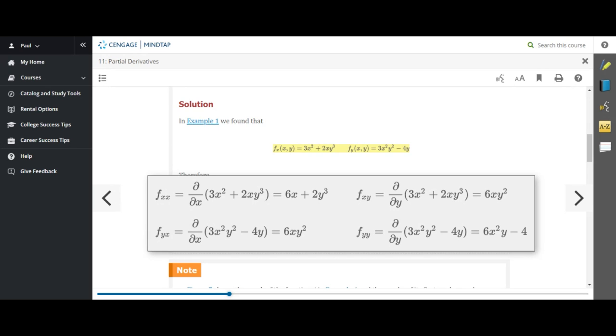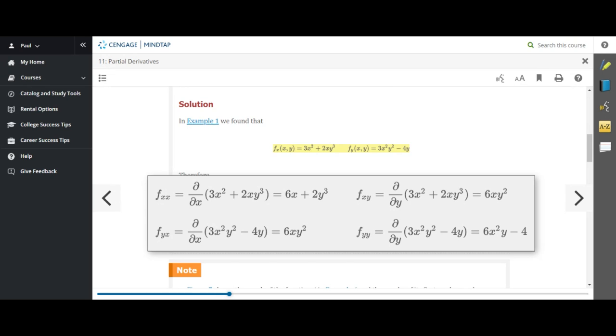Do you notice that there are four second partial derivatives because there's four orders in which you can differentiate. The f sub xx and the f sub yy, those are second partial derivatives with respect to one variable, and those would correspond to concavities.